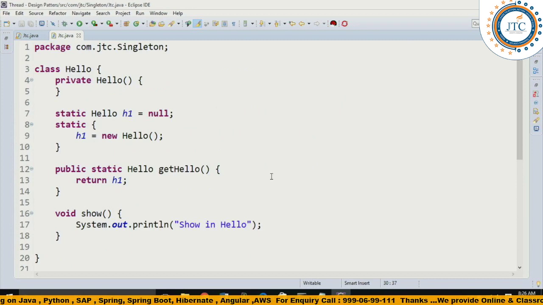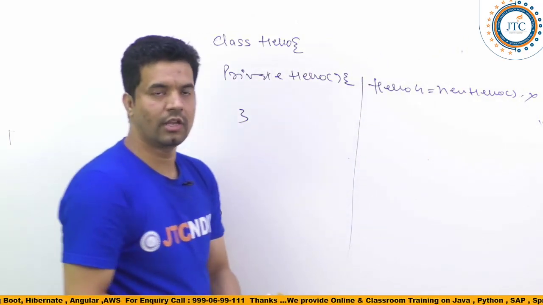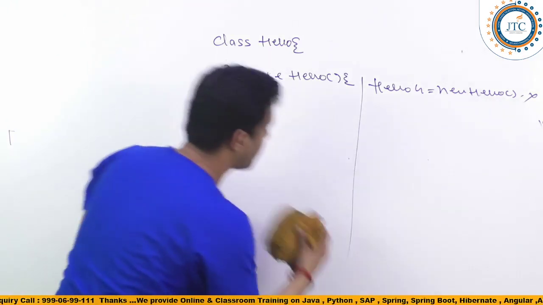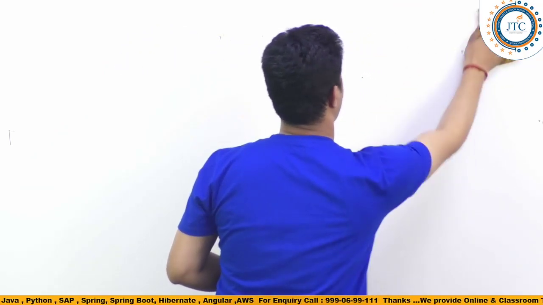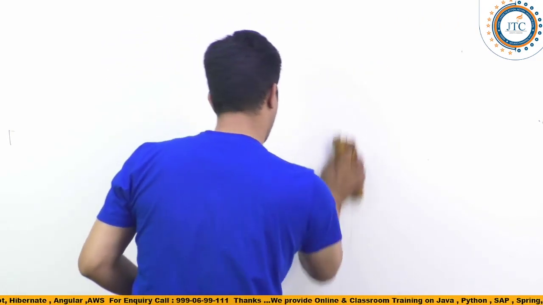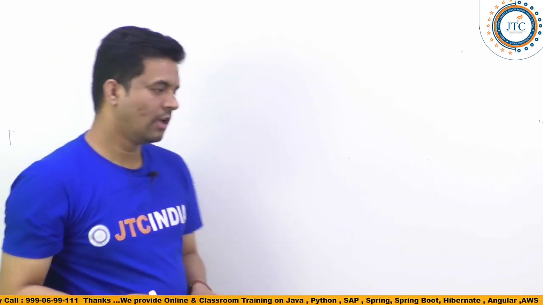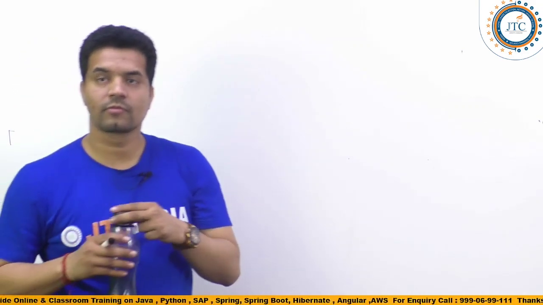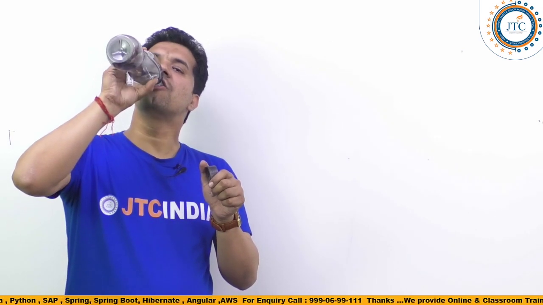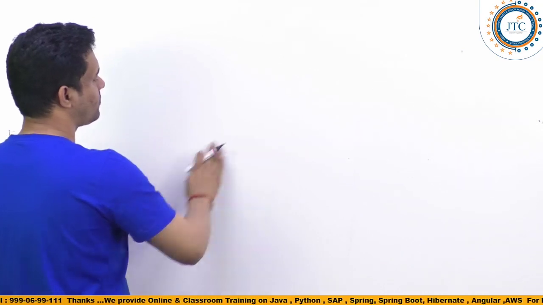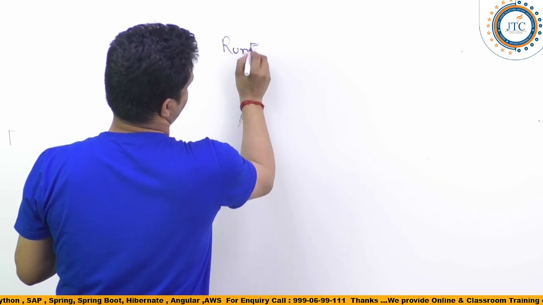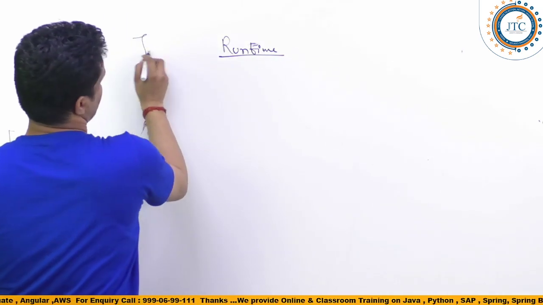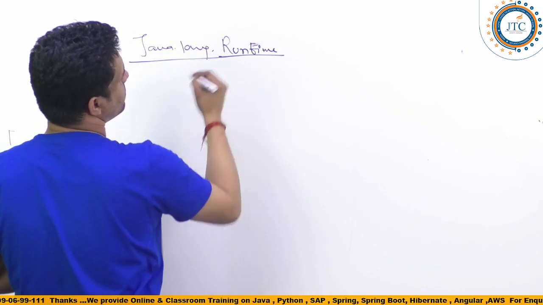Now understand here, in your Java API, there is one class called the Runtime class, available inside the java.lang package.